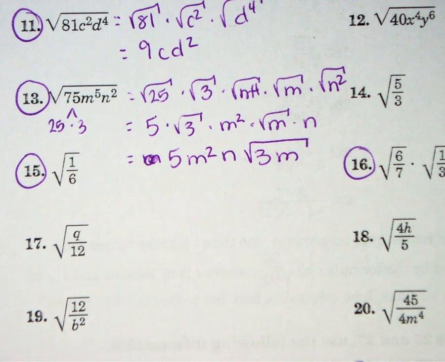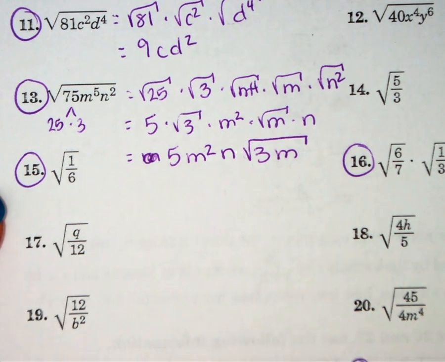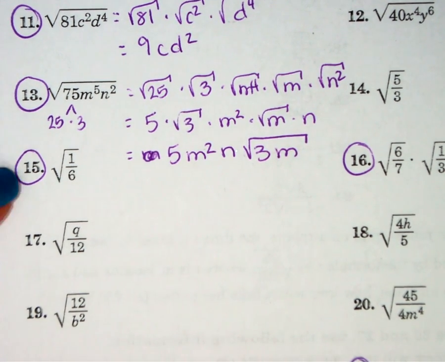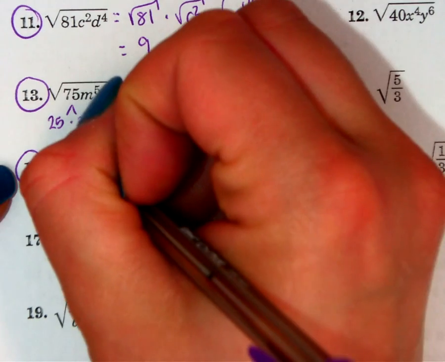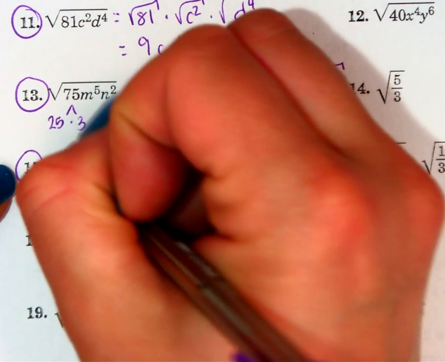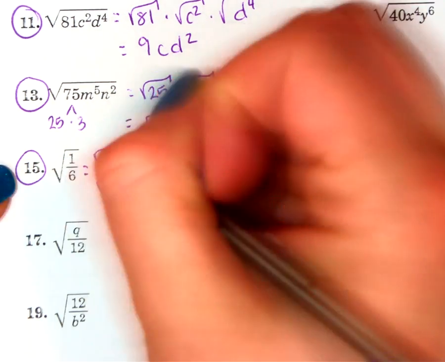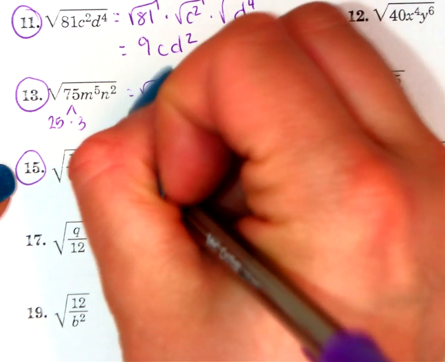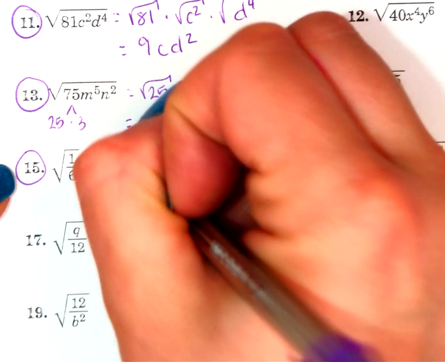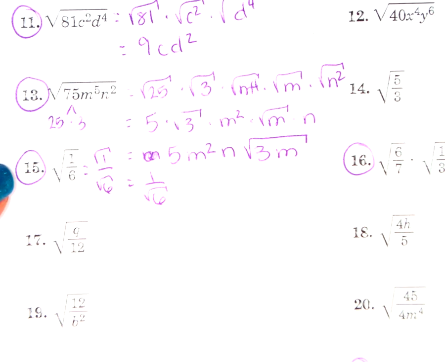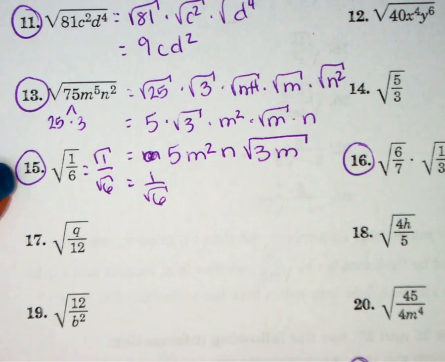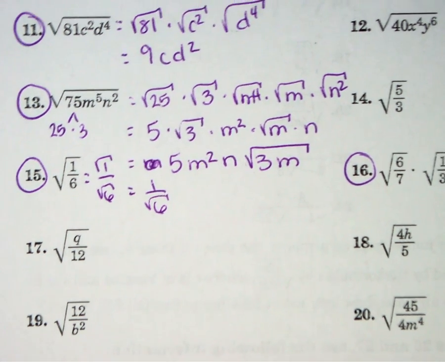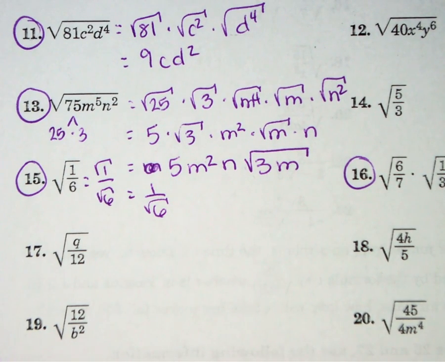Okay. With number 15 and number 16, it's going to start off just like what we did on the last note sheet. But the problem is, when you go to split this up, the square root of 1 over the square root of 6, the square root of 1 is 1. That's pretty easy. The problem is, there is no square root of 6. It's a decimal, so it would have to stay as square root of 6. However, some math person came along one time and said, you know what, I don't like roots in the bottom of fractions.